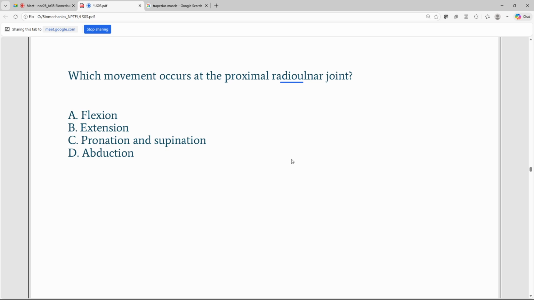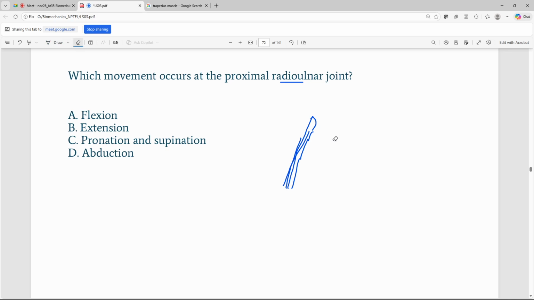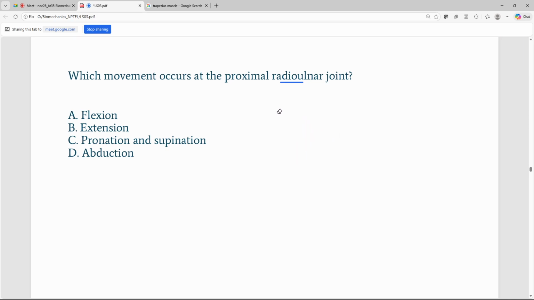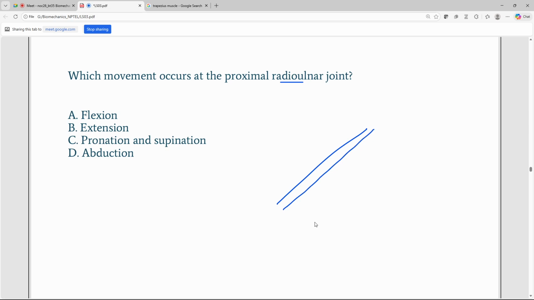The radio-ulnar joint is where the radius and ulna meet. So when there is a hand, this is the proximal, that is towards the elbow.